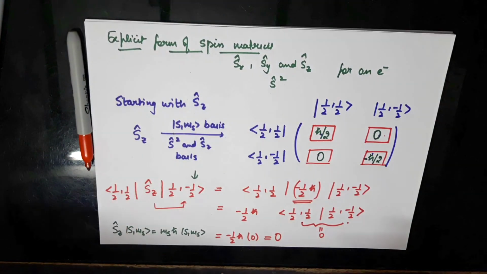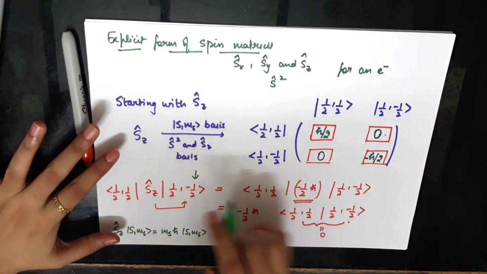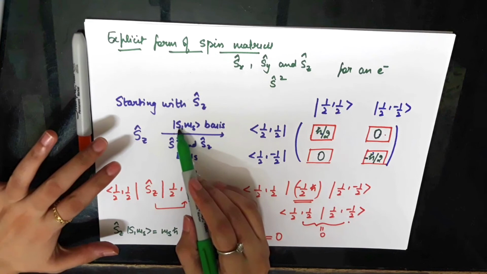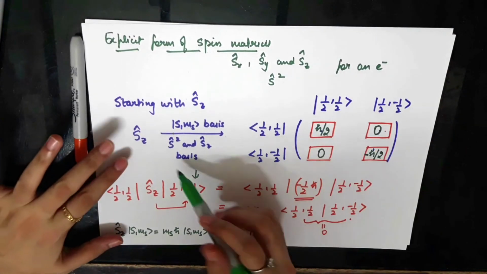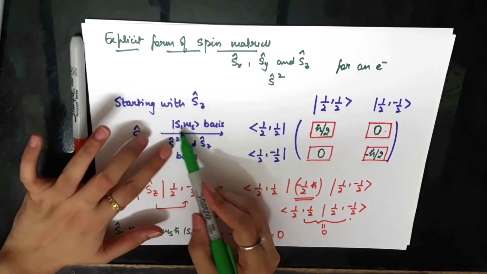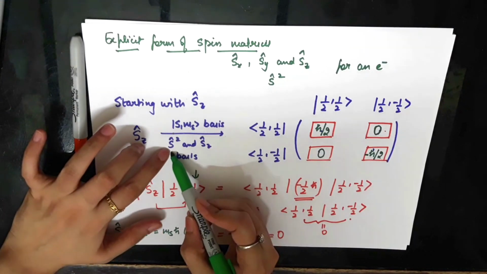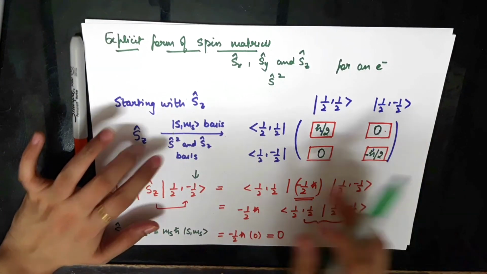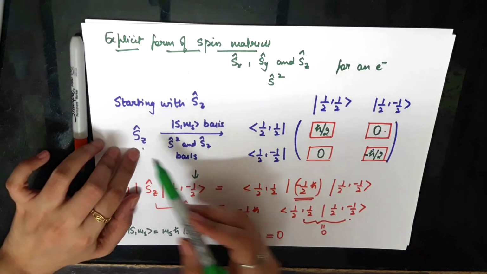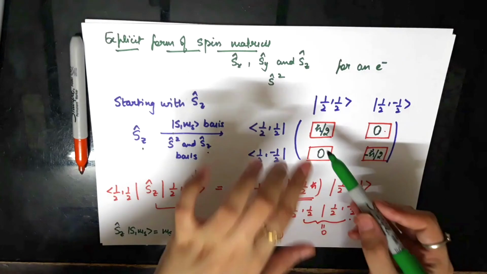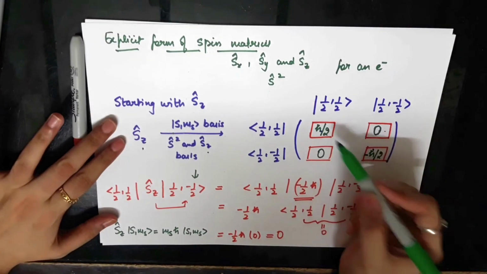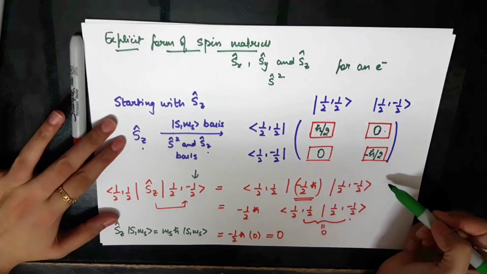And this is pretty much what we expected, because the basis in which I am writing these matrices is the basis S, ms, and these are the eigenstates of S square and Sz. So I am writing the Sz matrix in the basis of Sz only. So I am expecting a diagonal matrix in which the diagonal entries are the eigenvalues themselves.